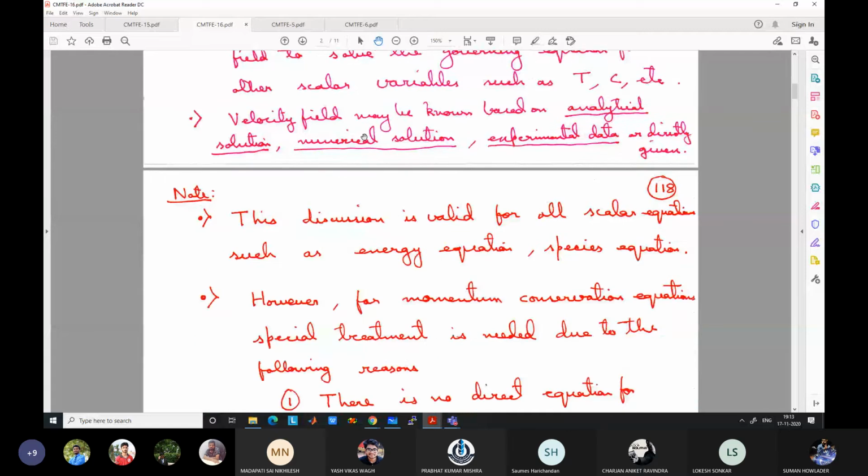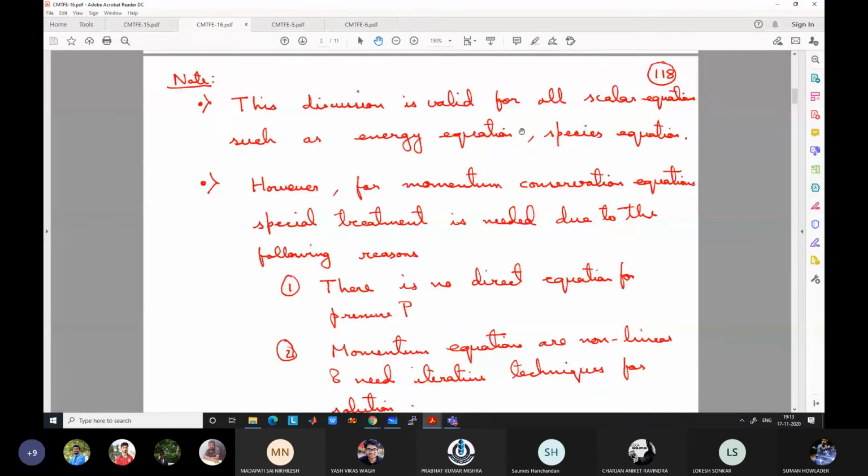The velocity field may be known based on an analytical solution, numerical solution, experimental data, or directly given. I have also said that this discussion is valid for all scalar equations such as the energy equation and species equation. The only exception is that momentum equations cannot be solved like this, because they need special treatment for two reasons.